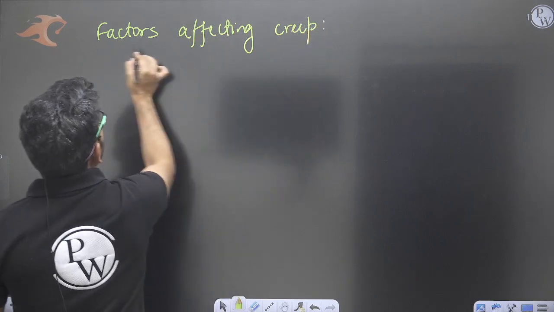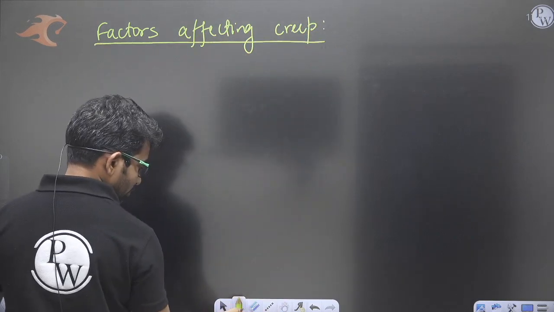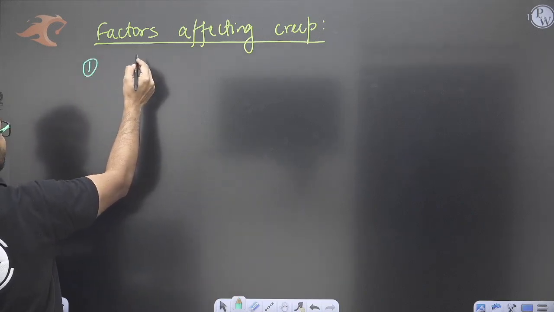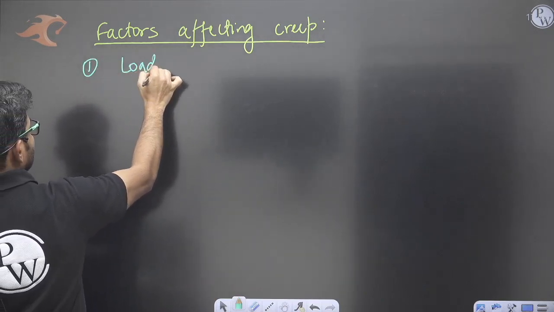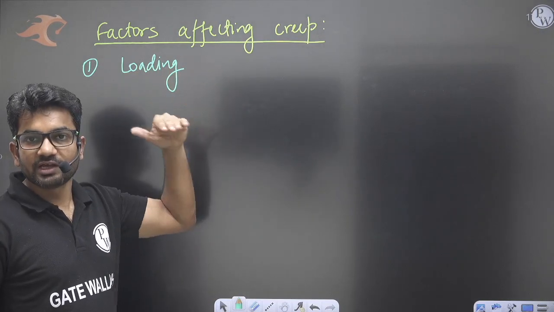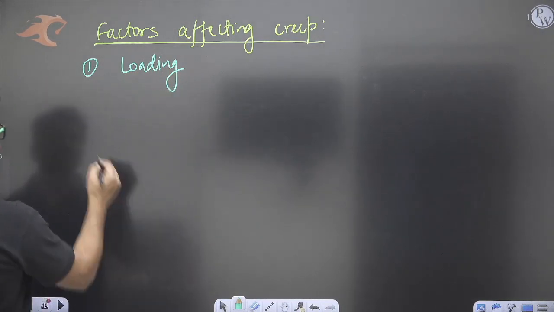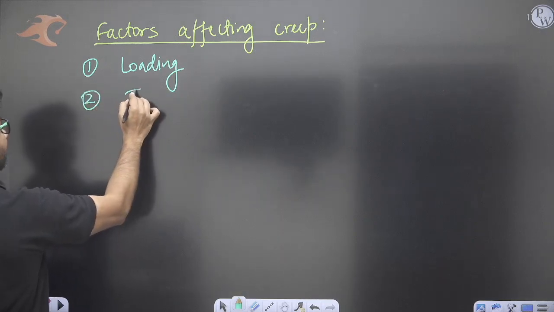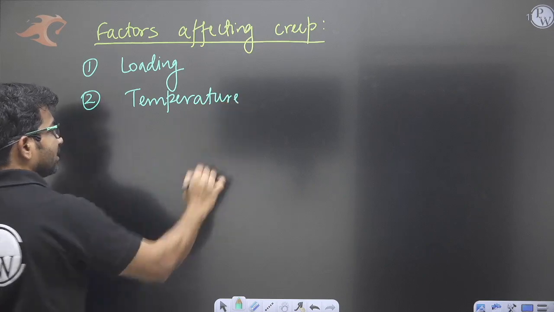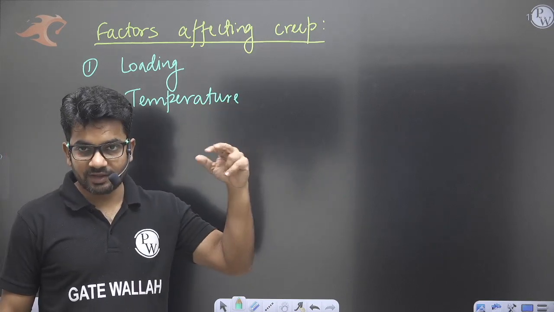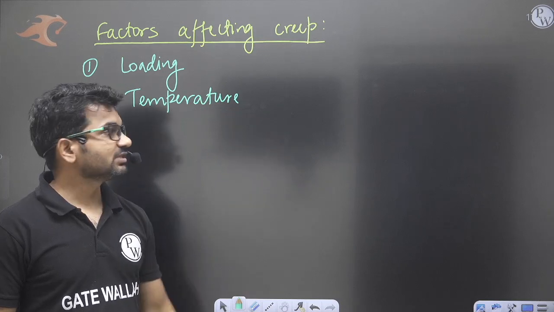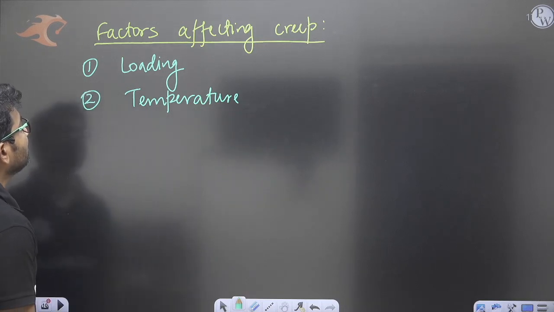First of all, loading. If the loading is more, the stress is higher, and the creep strain will be higher. Then temperature. At higher temperature, creep strain will be larger. At lower temperature, creep will be lower.